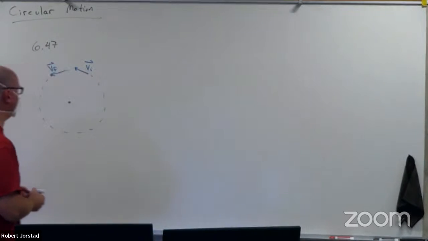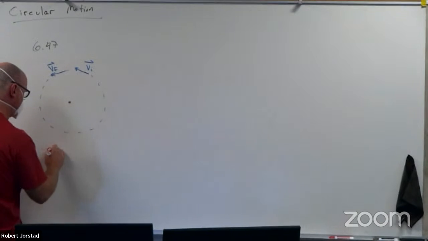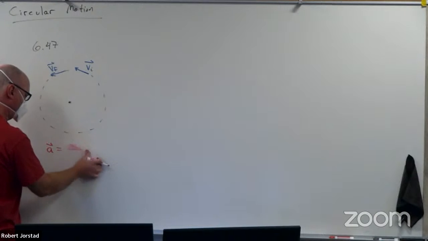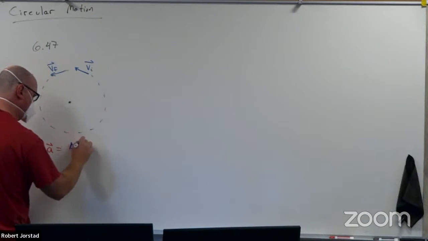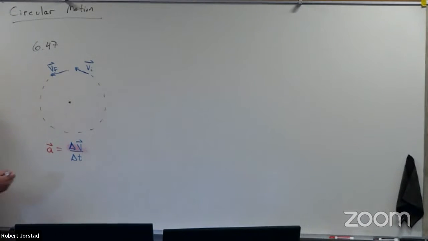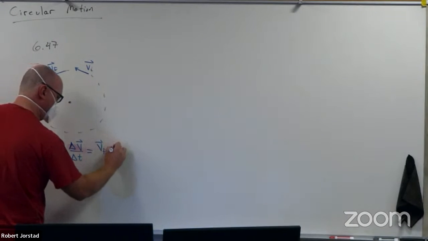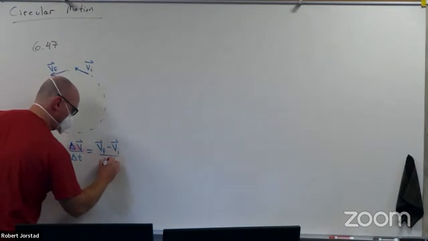Now, from this problem, I know that acceleration is equal to delta V vector over delta T. Well, in this case, that's going to be V final minus V initial over delta T, right?